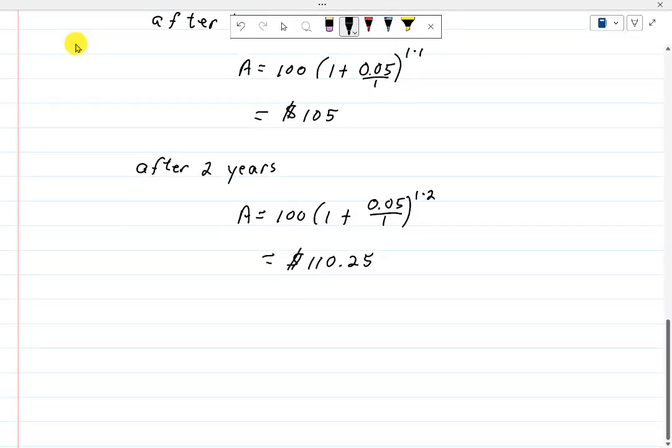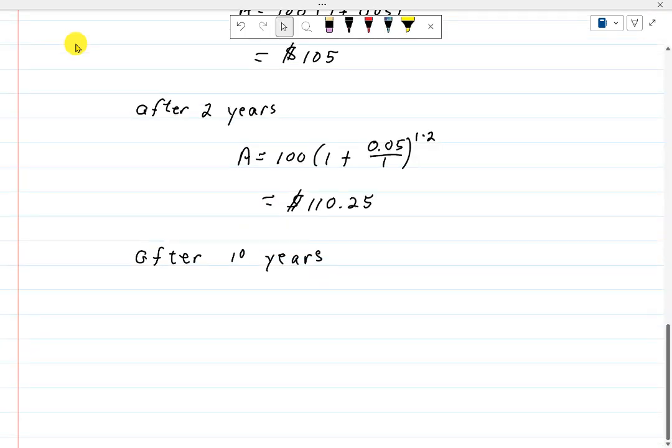After 10 years, let's take a look. We have A equals 100 times 1 plus 0.05 over 1 raised to the 1 times 10.